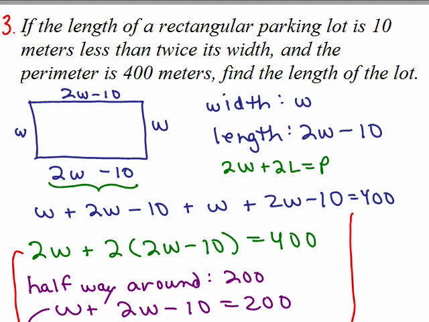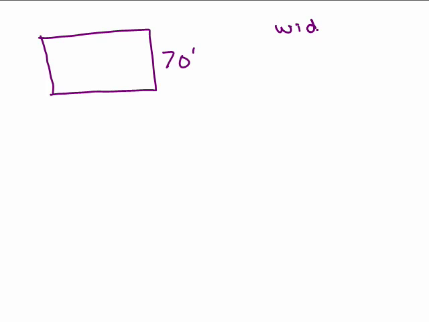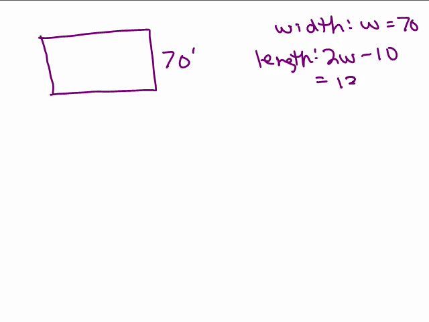All right, so we're going to go down and draw the picture again. So this is 70, right, because we had the width was W, which was 70, and the length was 2W minus 10, right? So that's going to be 140 minus 10, which is 130.